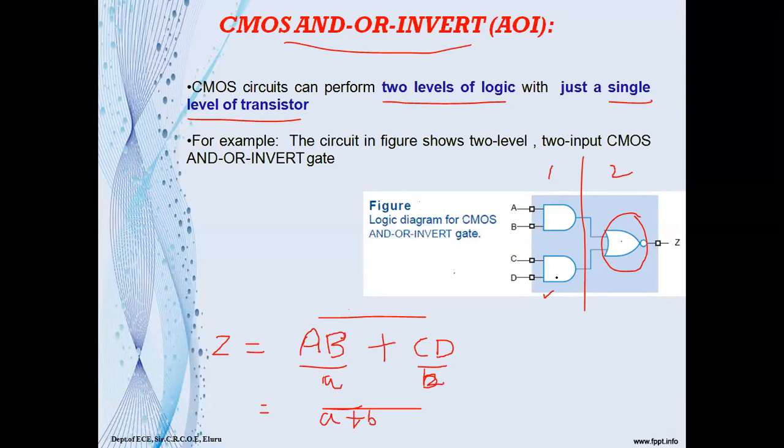So where can we use this CMOS AND-OR-invert? As I mentioned in the last class also, it will be very useful in VHDL synthesis. In the synthesis, the VHDL software tool translates the program into the netlist. The netlist consists of the connections of all the digital components.